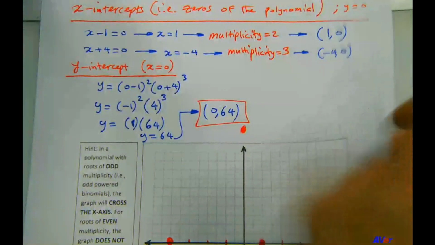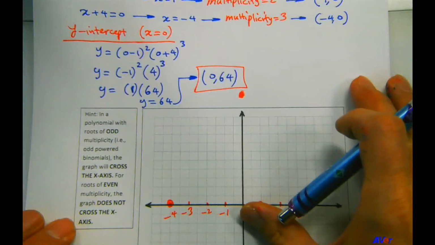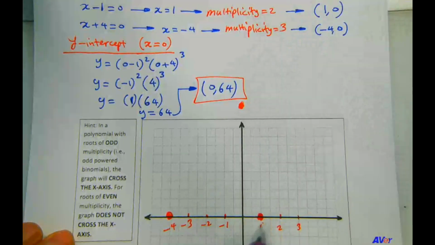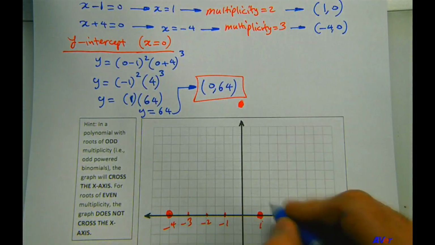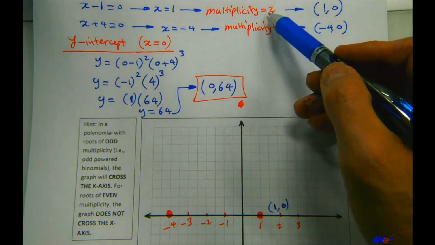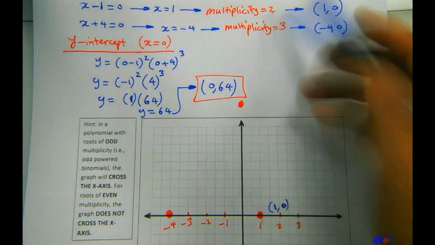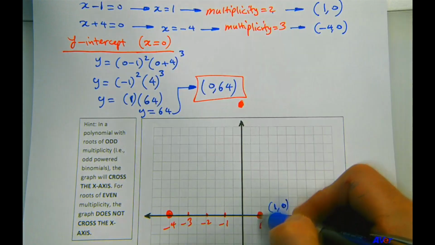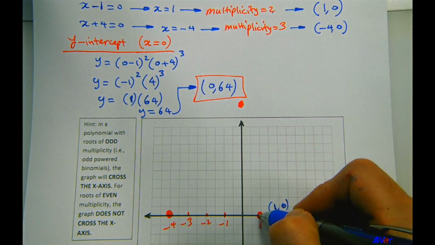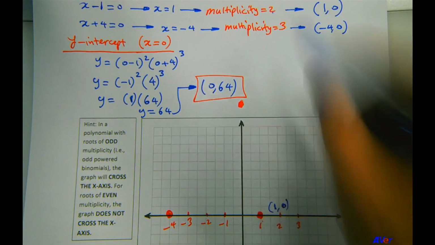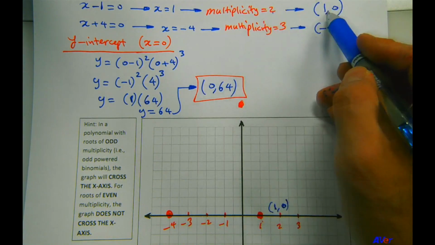At 1, 0, that's that point, we have multiplicity 2, which is even. So whichever side the line of the graph comes from, it will not cross the x-axis. It will stay on the same side. It will bounce to the same side because multiplicity is even at 1, 0.